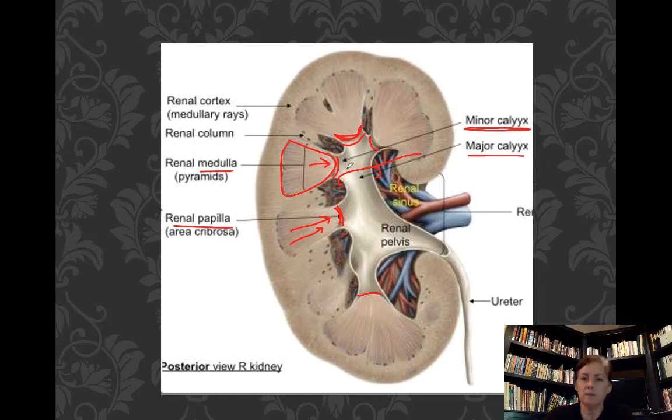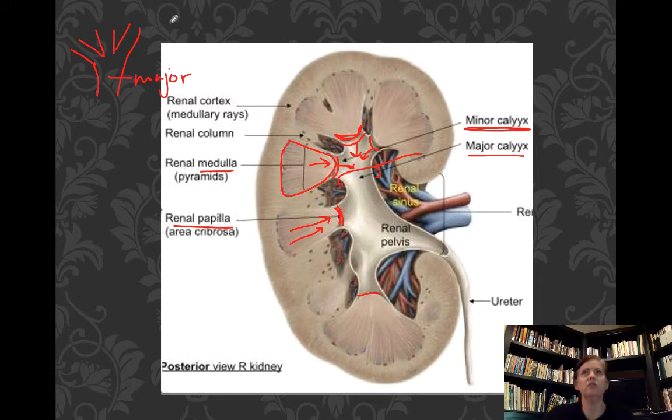As we can see, we've got 3 minor calyces that are all going to merge together to form a major calyx. And that's exactly what happens. So if we were to draw this out, we'd have a minor calyx, maybe another minor calyx here, and they're all basically coming together to form a major calyx.